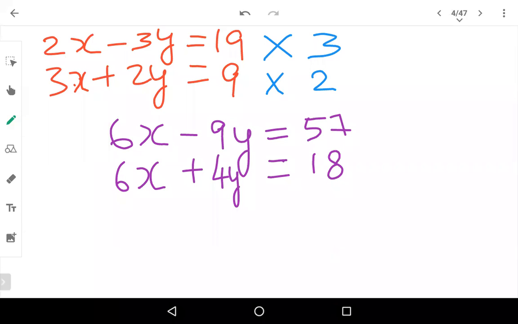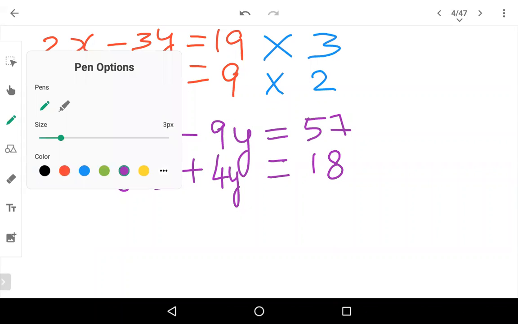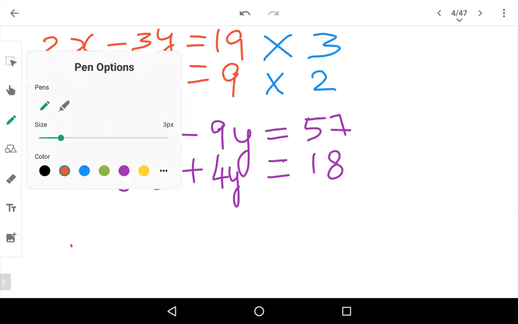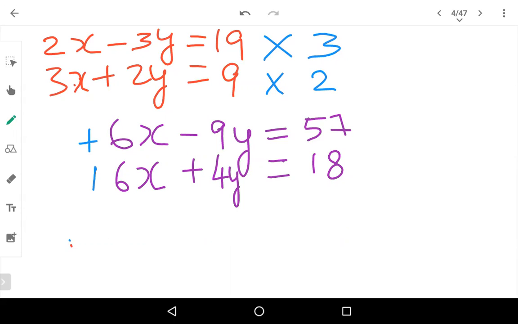Okay. Now let us change the sign. Listen carefully. Now if you see 6x and 6x, both the 6 here have plus as the sign. Correct? Now I have no chance of cancelling or eliminating any variable.